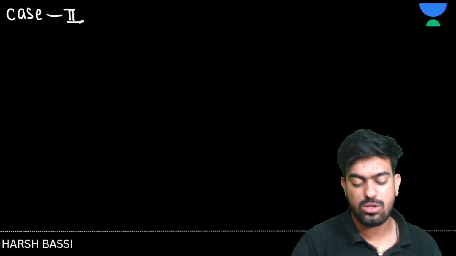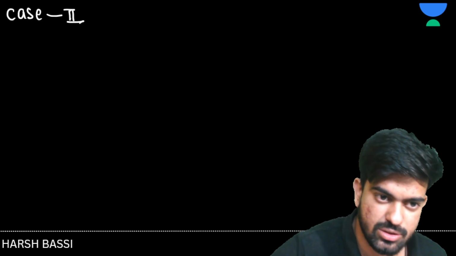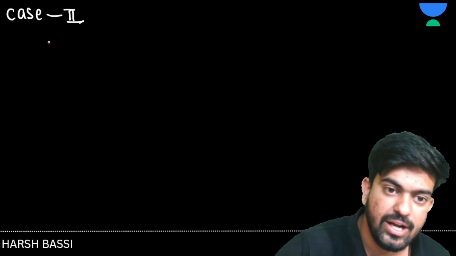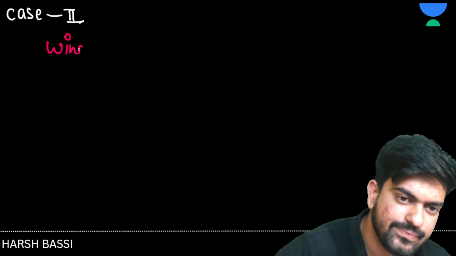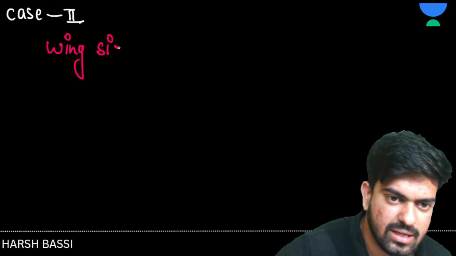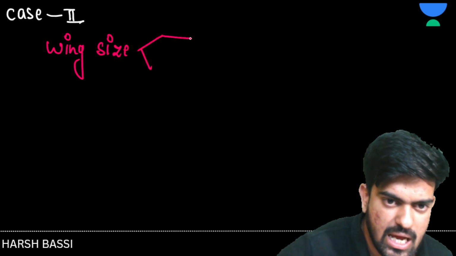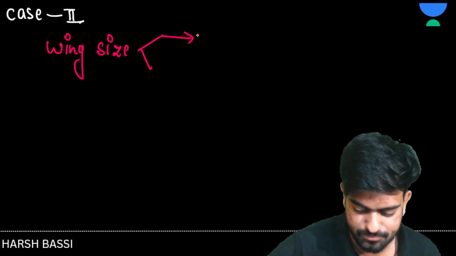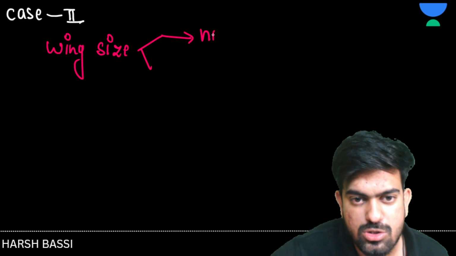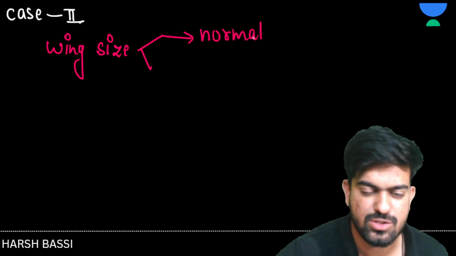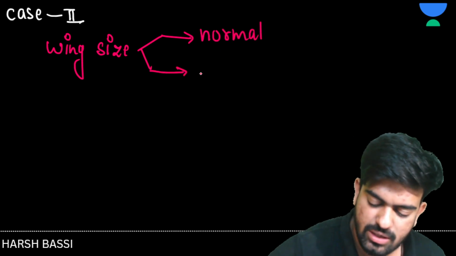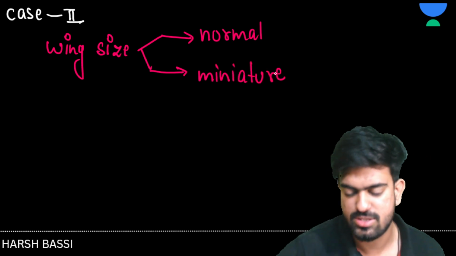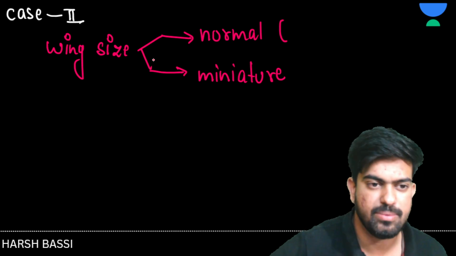So in the second cross, he took another two characters. Same Drosophila, but he took different characters now. He took wing size. One character is wing size, and it represents normal, like normal wing size was dominant, and then we have the miniature which is recessive. Okay, so this was dominant and this is recessive.